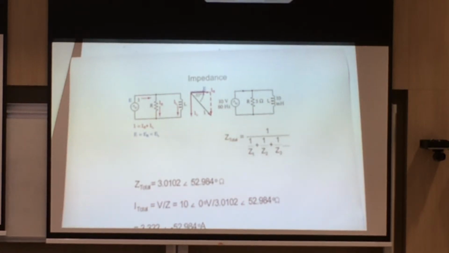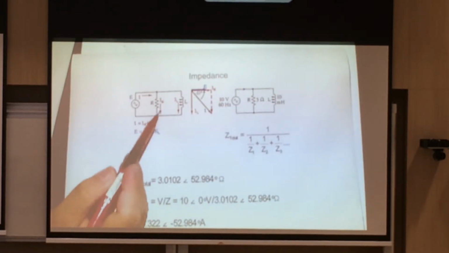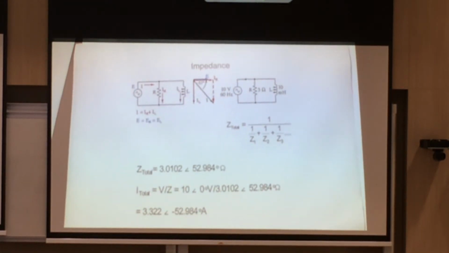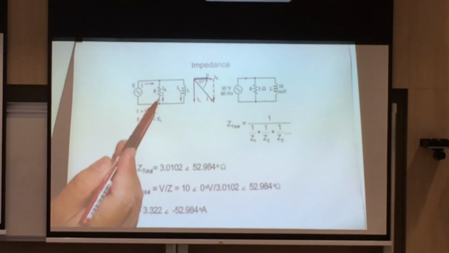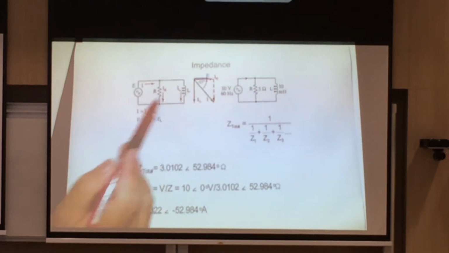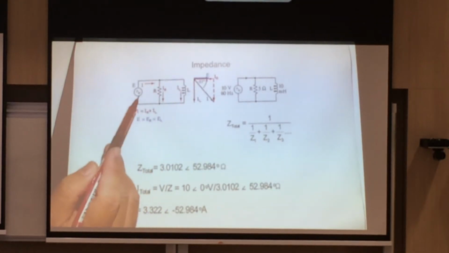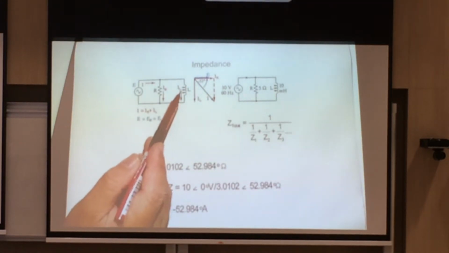Suppose I have a circuit such that I have E here. I want to find out what's my I. What do I do? Well, what you can do is you take your E divided by your R, get your IR. Take your E divided by JL, and that gives you IL.